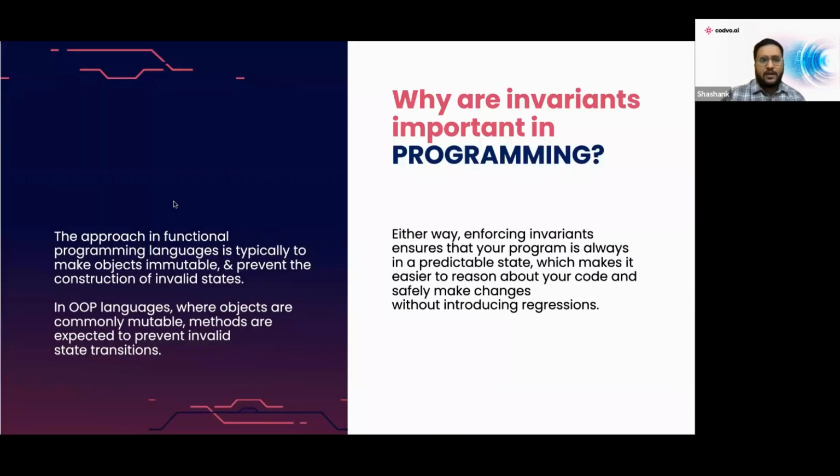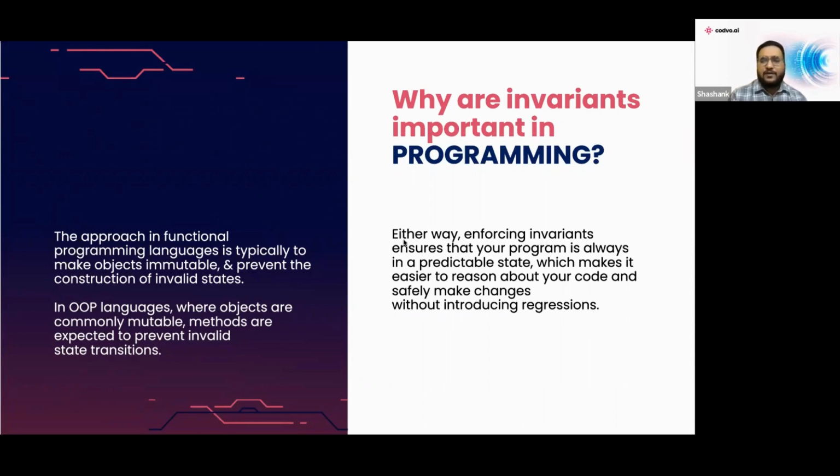Continuing to functional programming, the approach in functional programming is typically to make objects immutable and prevent the construction of invalid states. Either it is functional programming, or in OOP, where objects are commonly mutable, methods are expected to prevent invalid state transitions.